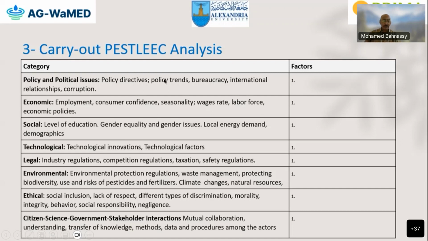For this type of analysis, we see each factor related to each category. For example, policy and political issues, we see policy directive, policy trends, bureaucracy, international relationships, corruption. So these are all the points or factors that should be described for the study site or the living lab.